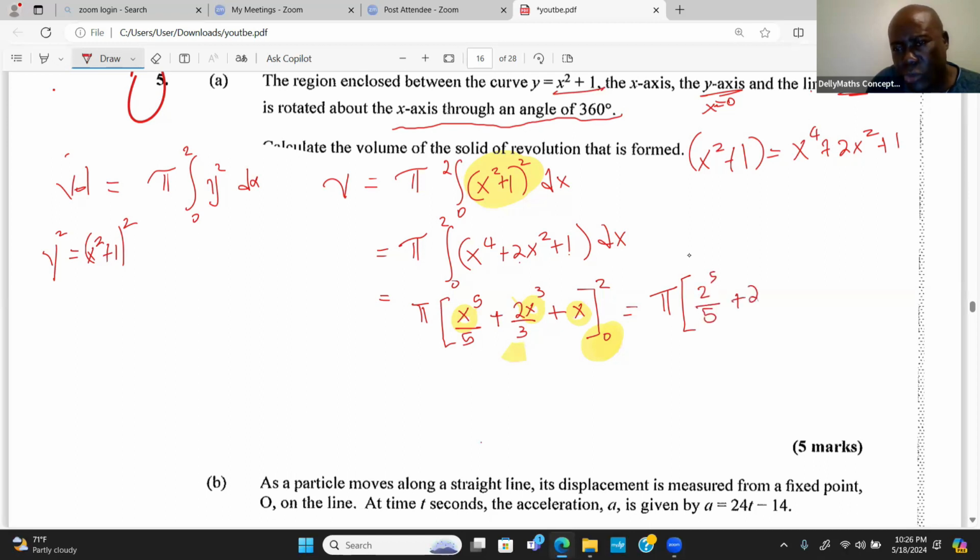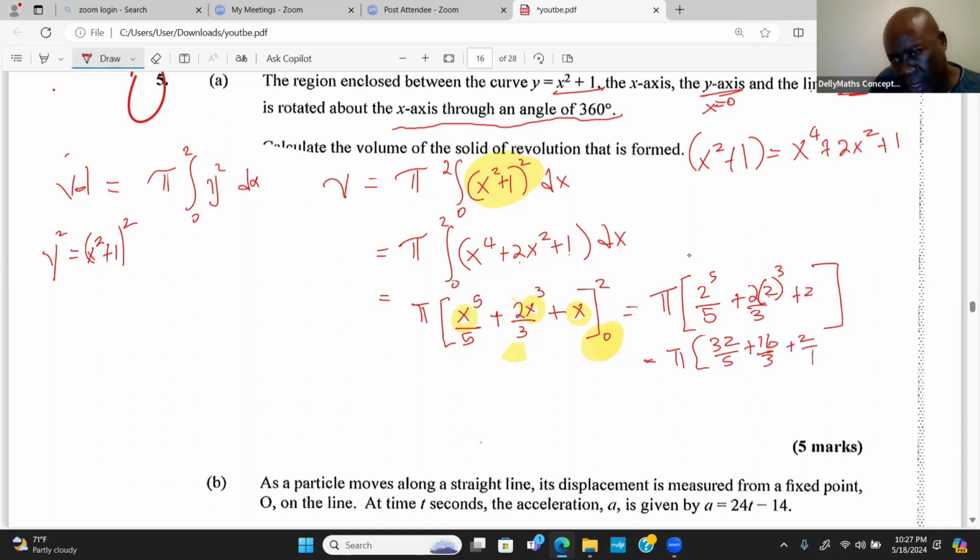I'll have 2 times 2 raised to the 3rd over 3 plus 2 right here. So if I put this together, I'll have pi here. This is actually 32 over 5. And 2 raised to the third is 8, 8 times 2 is 16. This is 16 over 3 plus 2.